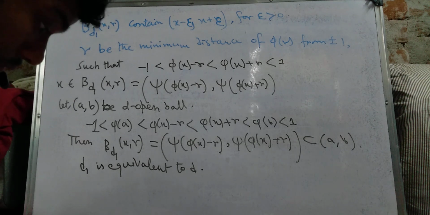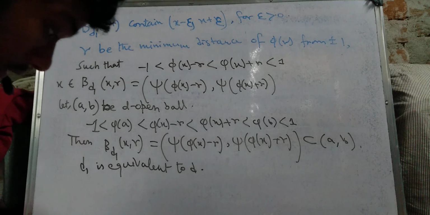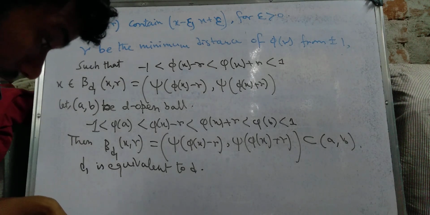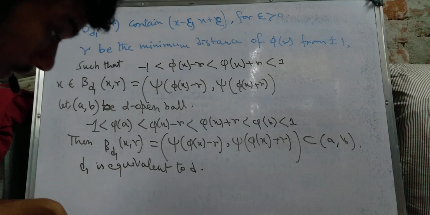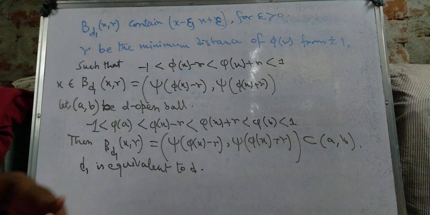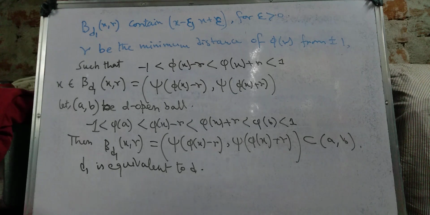So we see that the metric d-bar on R-bar induces some metric d1, where d1(A, B) equals d-bar of phi A, phi B. And the open ball, this one, is equivalent to the standard metric T. Okay, now we stop here.